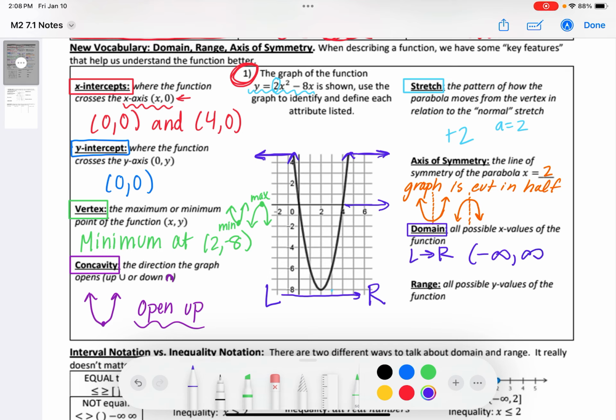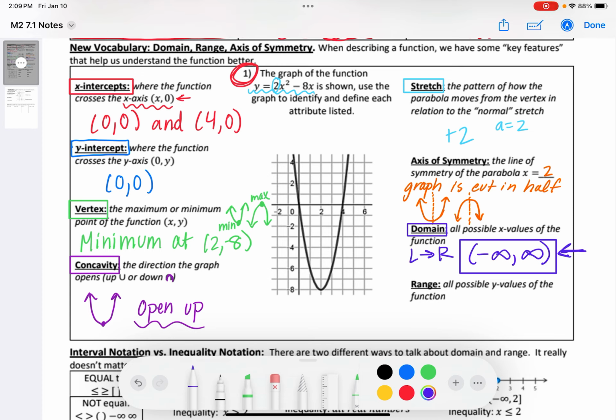So that's going toward positive infinity. So here is my interval notation. And in a quadratic equation, your domain is always going to be this: negative infinity to positive infinity. So you can never go wrong there.